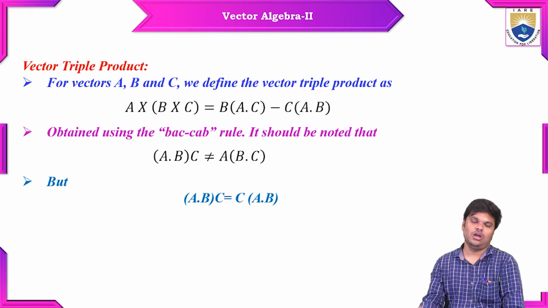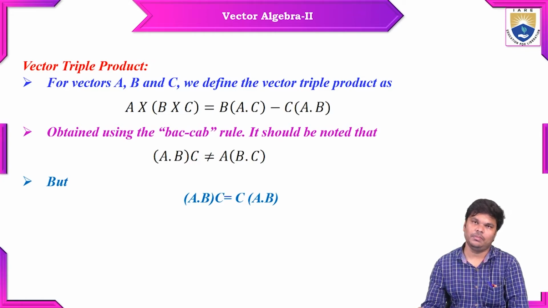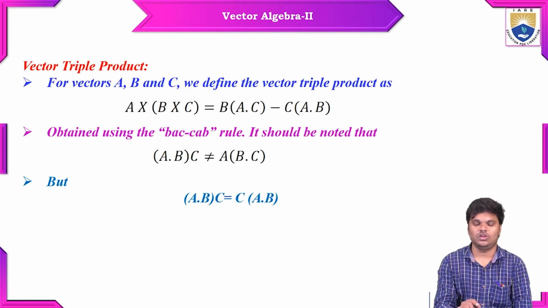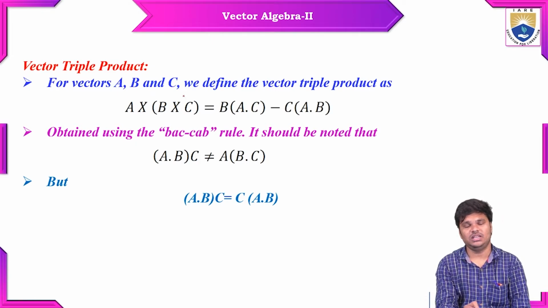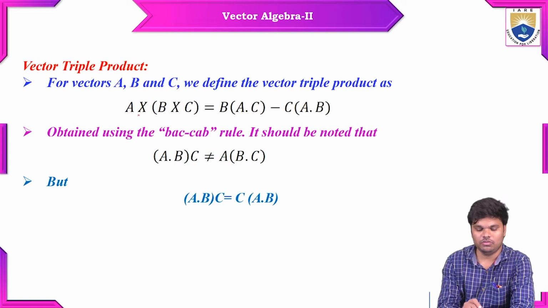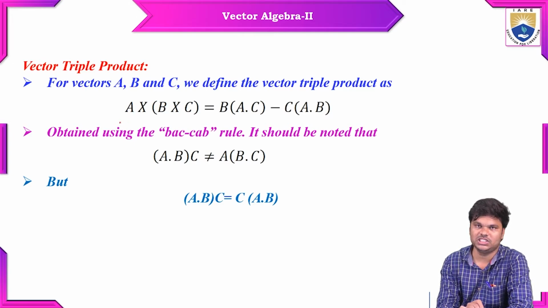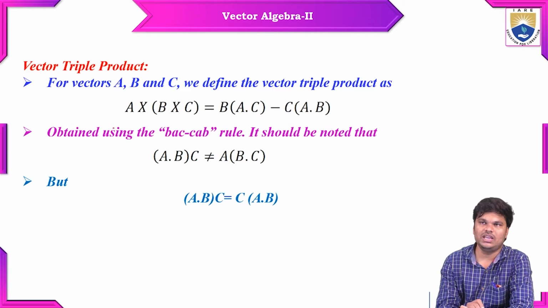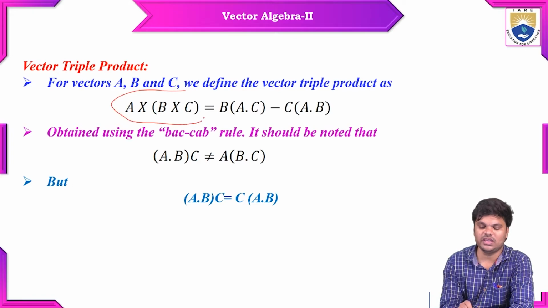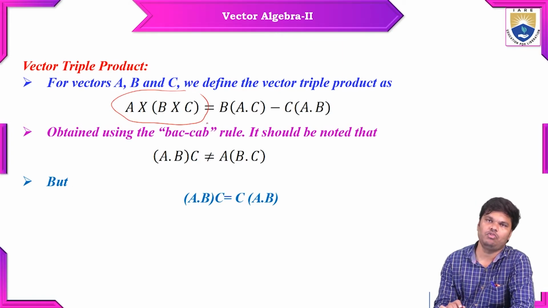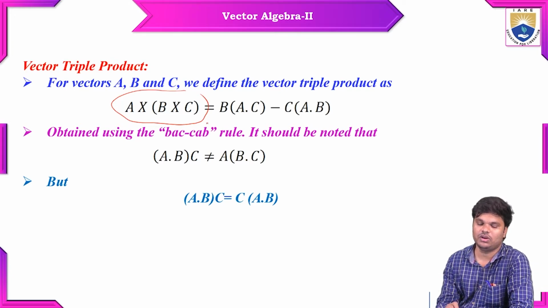Now, this multiplication can be performed in another way also. So, if you are given three vectors A, B, and C, and you want to perform multiplication in such a way that the output is a vector quantity, then you should do it this way: A cross of B cross C, because B cross C is a vector quantity, and the cross product of two vector quantities is always a vector quantity.